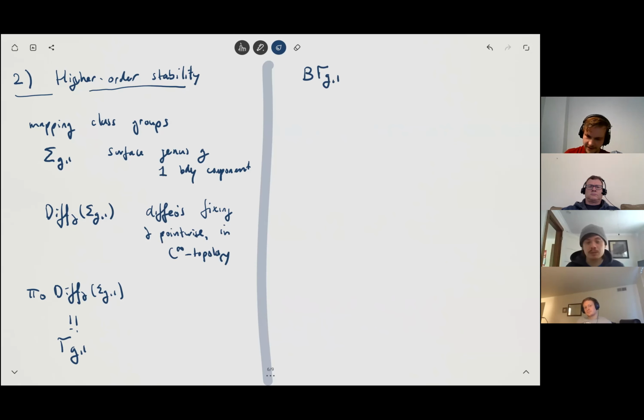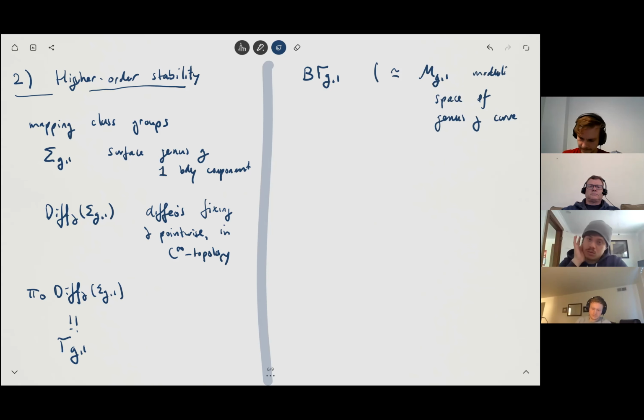This is of interest because this is equivalent to the algebro-geometric moduli space of genus g curves with one marked point with non-zero tangent vector.